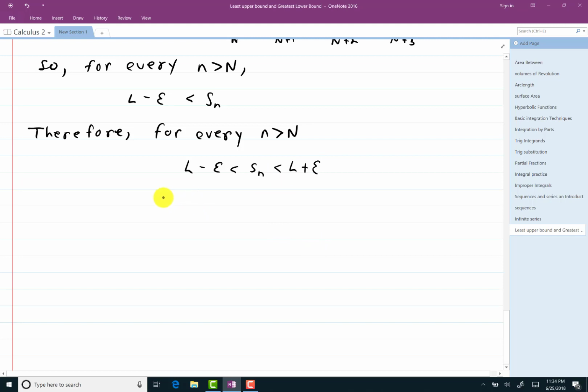And this is the same thing. If you've ever seen this as an if and only if or dual implication statement, S sub n minus L is less than epsilon for all n greater than N. What that means then is that the limit as n goes to infinity, S sub n equals L.